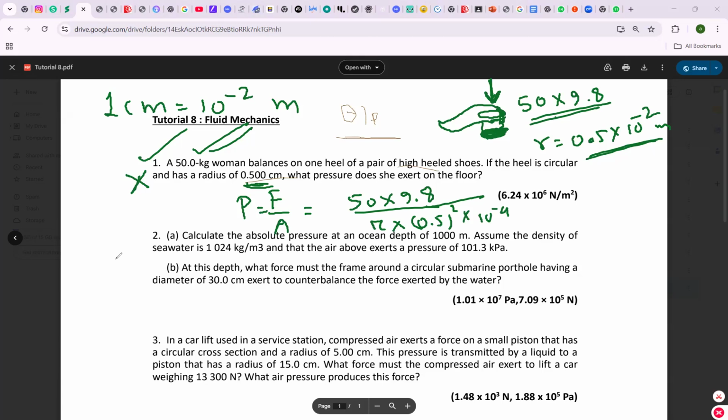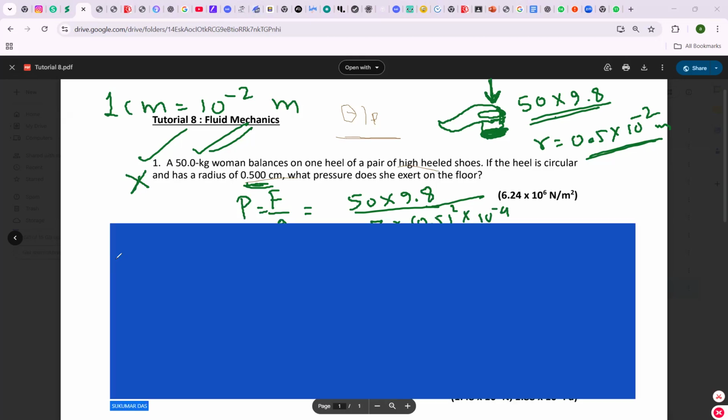Okay, let me explain what we are doing here. I'm showing here. So R is equal to 0.5 centimeter. You are correct that we have to divide. So 0.5 divided by 100 meter. That itself means 0.5 into 10 to the power minus 2 meter.